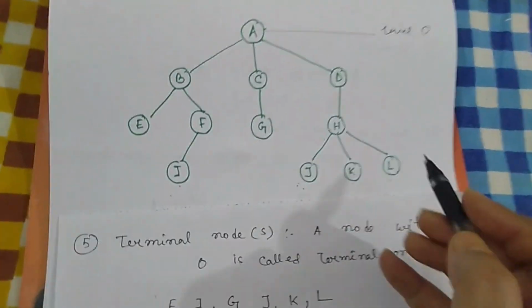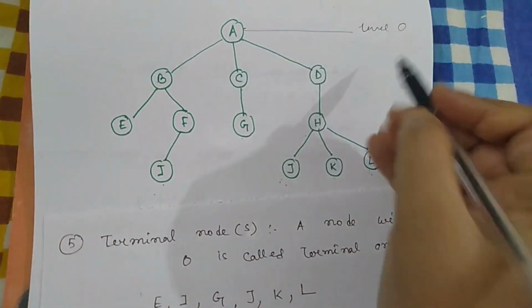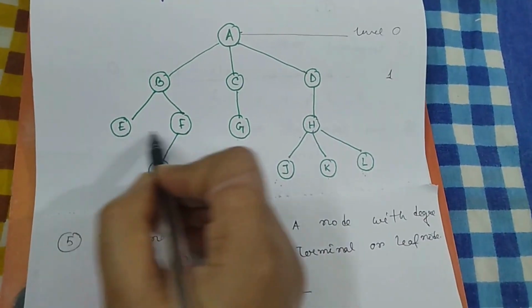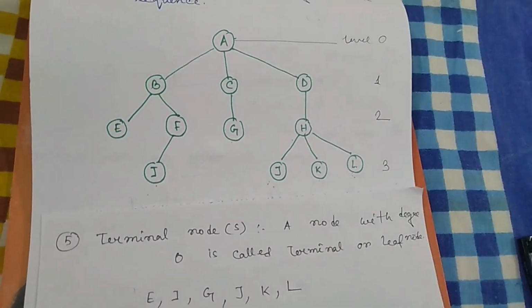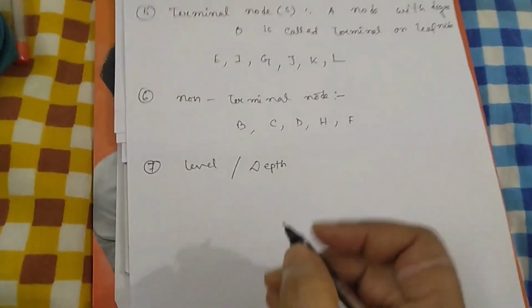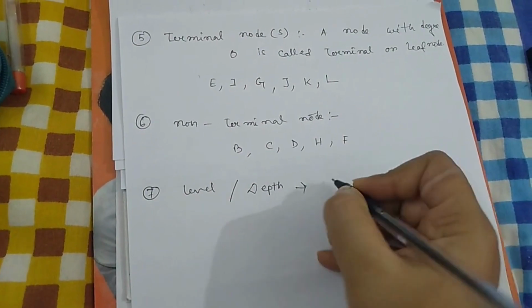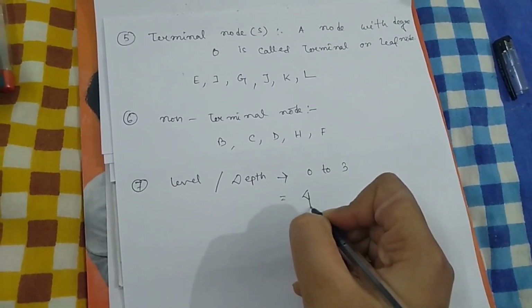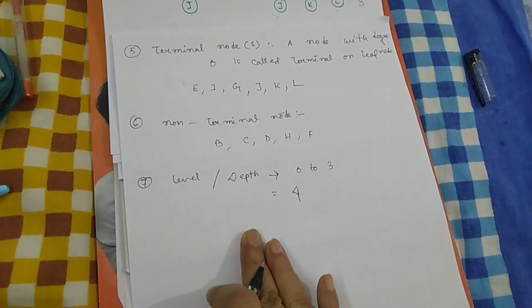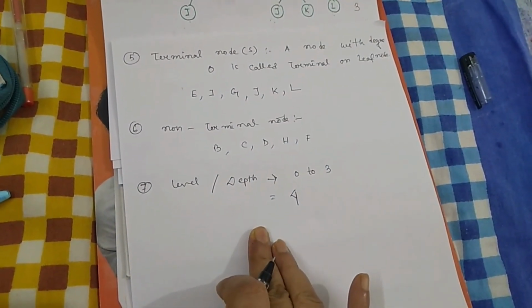Next is level 1, then level 2, then level 3. So what is the level or depth of this tree? That is 0 to 3. That means the depth or level of the tree is 4.